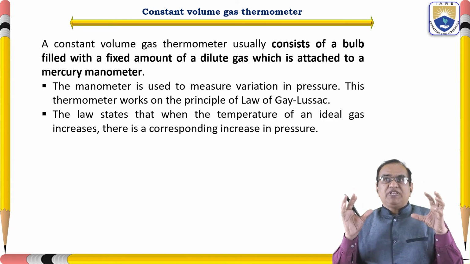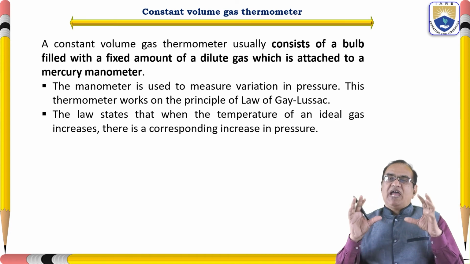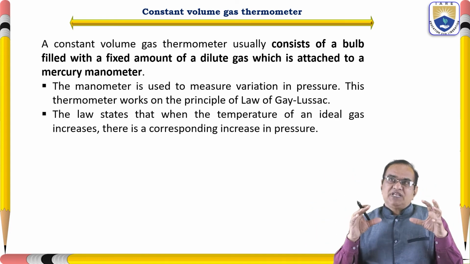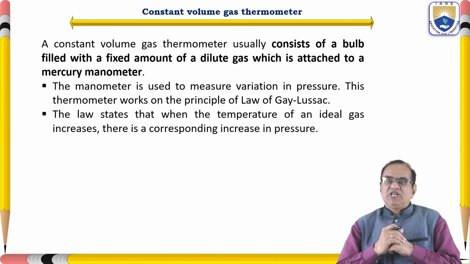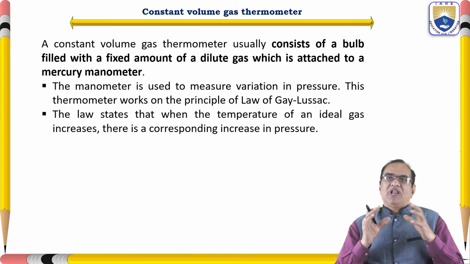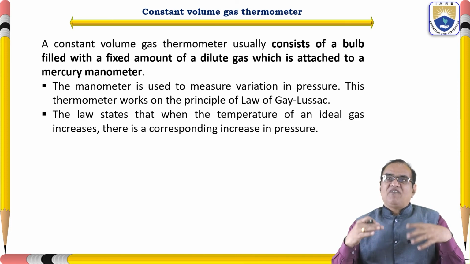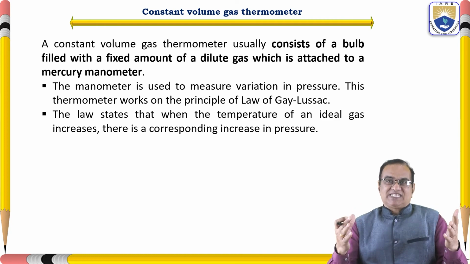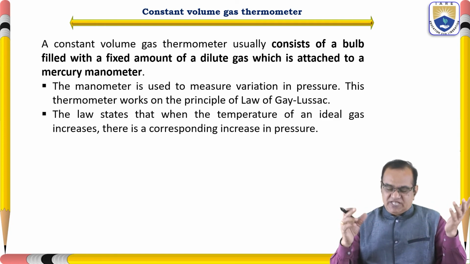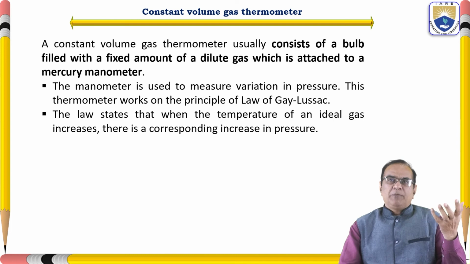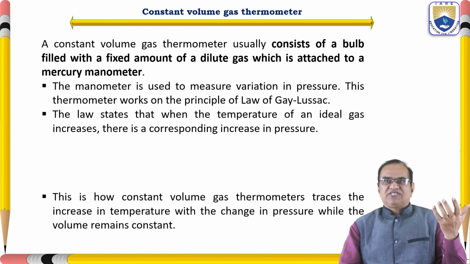So in this, volume V remains constant, and as it is in a manometer, this pressure is directly proportional to the temperature. So the law states that when the temperature of an ideal gas increases, there is a corresponding increase in pressure. So P and T are increasing.